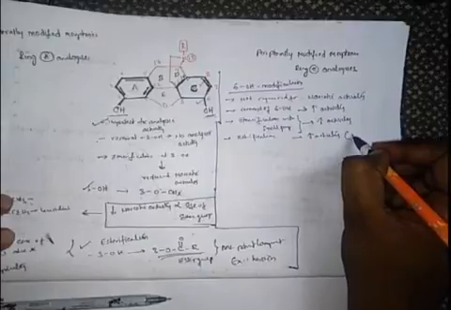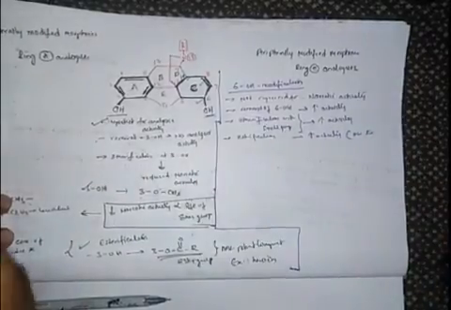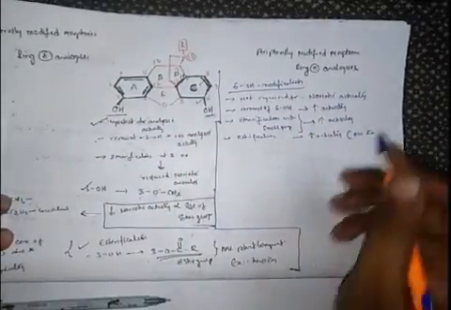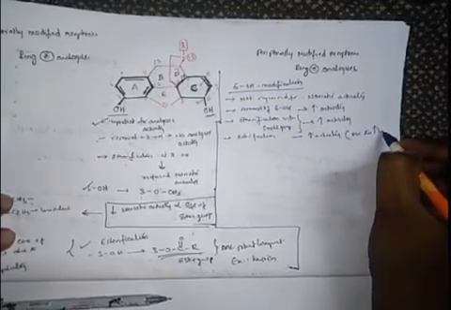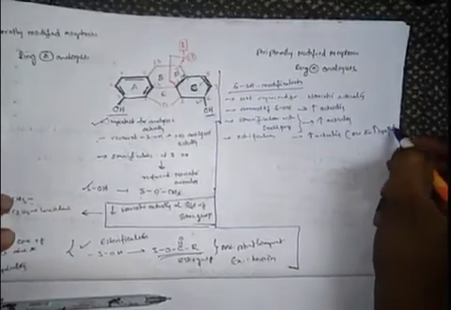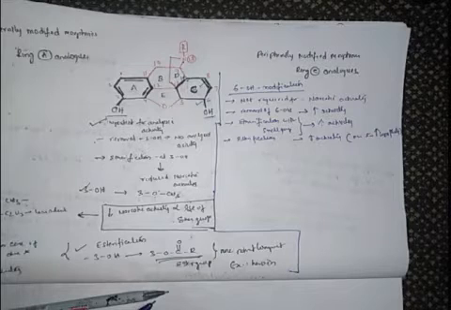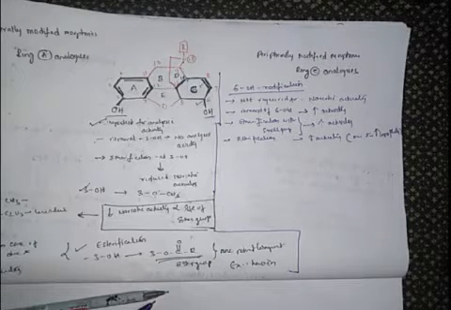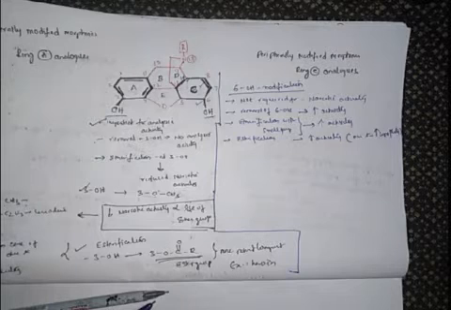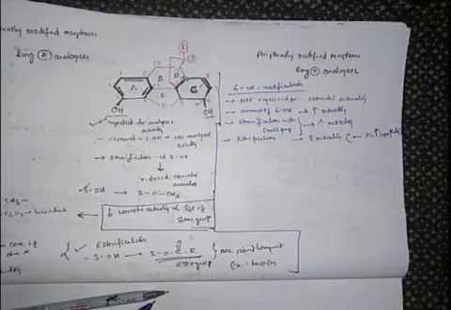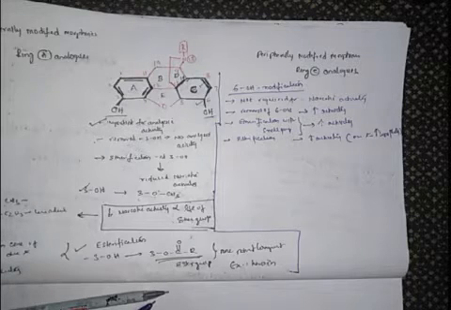The increase in narcotic activity is due to increase in lipophilicity. As the 6th OH group is esterified, lipophilicity increases and the activity increases, because the drug can easily cross and enter the CNS.